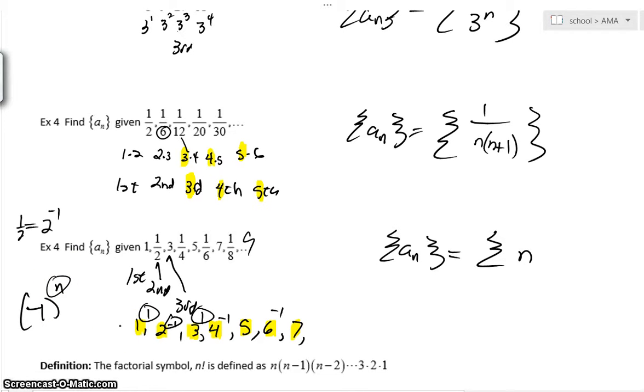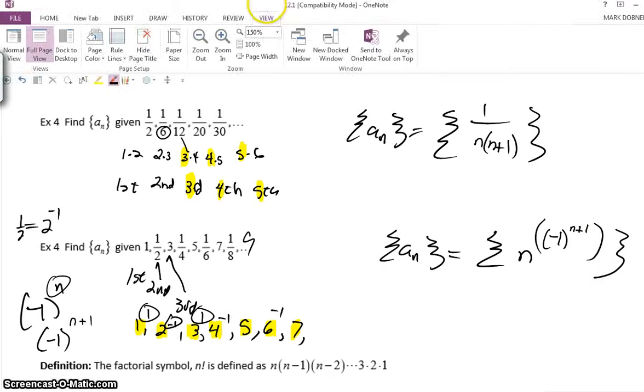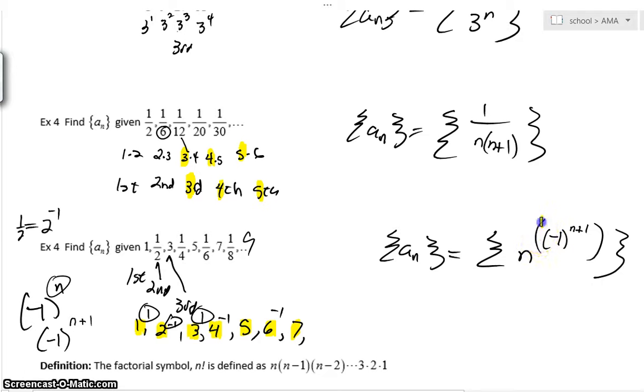Oh, nuts, that won't work. How do we fix it? Well, maybe instead of n, make it n plus 1. So this should be negative 1 to the n plus 1, but then we can even put some parentheses around it, essentially saying do what's inside these parentheses first.